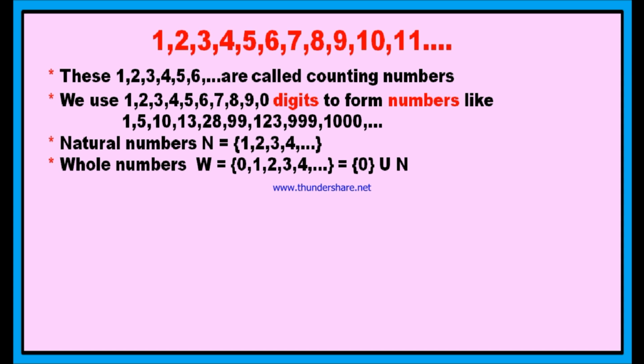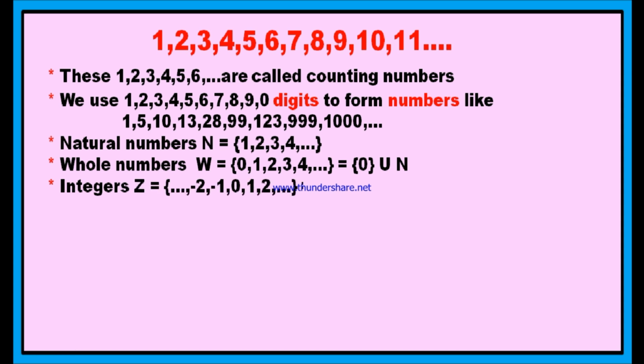If you add 0 to the set of natural numbers, you will get the set of whole numbers. Therefore, you can write the set of whole numbers as {0} union N. Union means you have to sum up the natural numbers plus the number 0, and you will get the set of whole numbers.